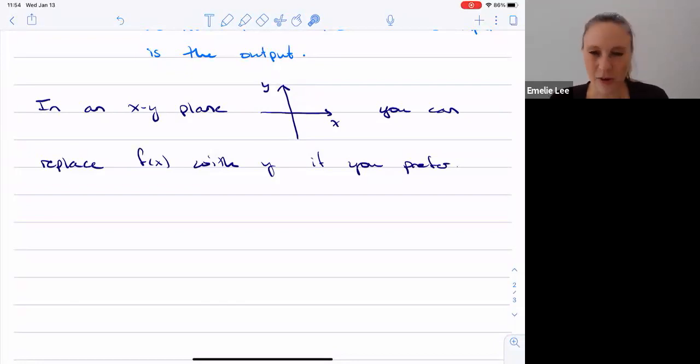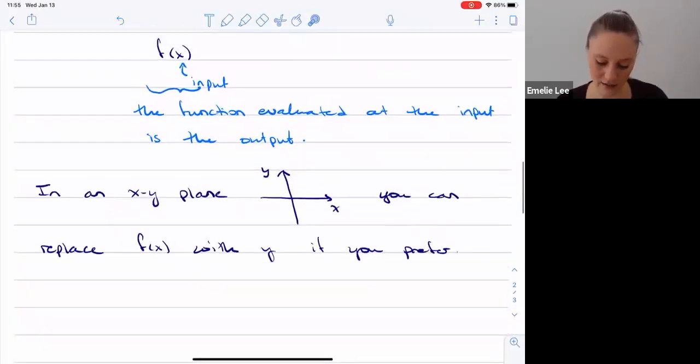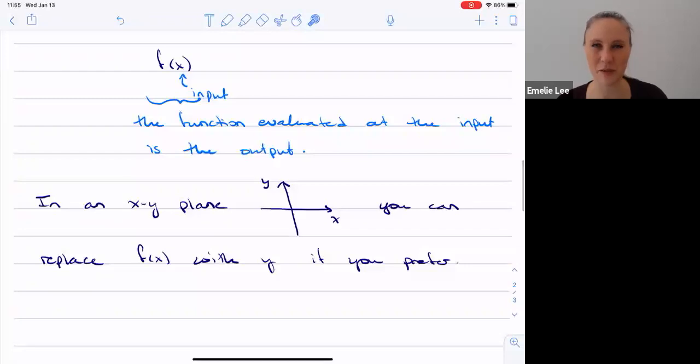So that's just some terminology around functions that we need to have a good handle on, and things that I find can be difficult to grasp, at least in the beginning.